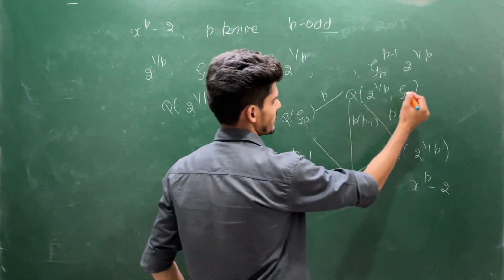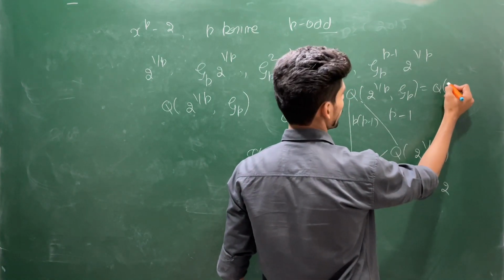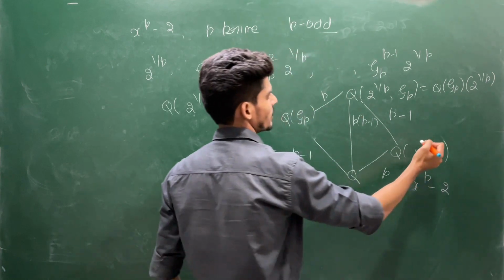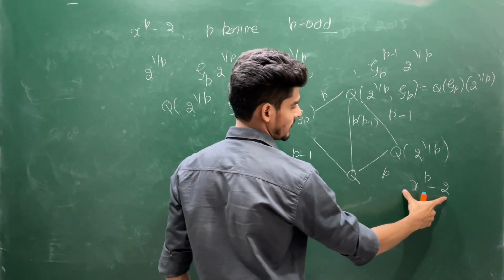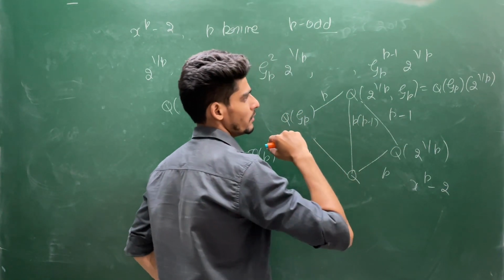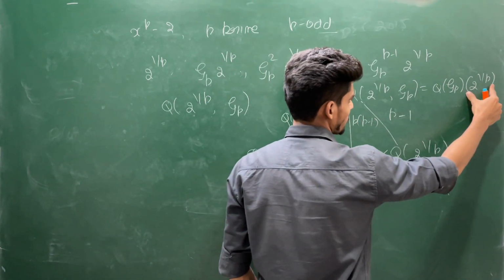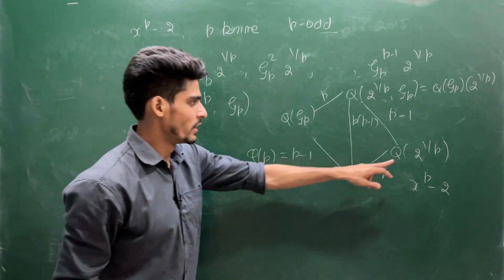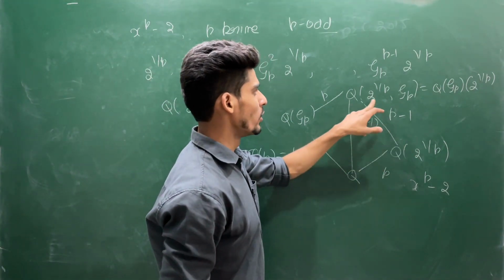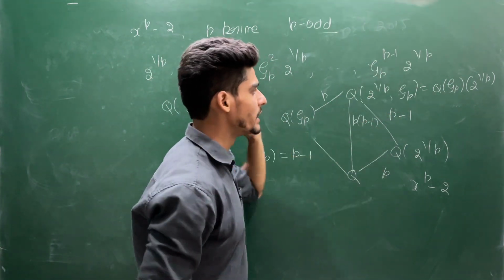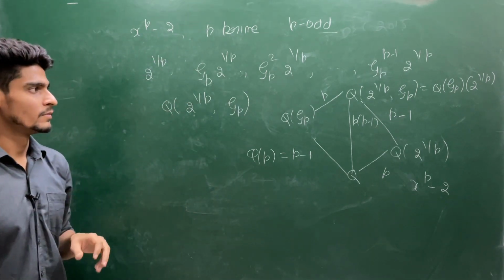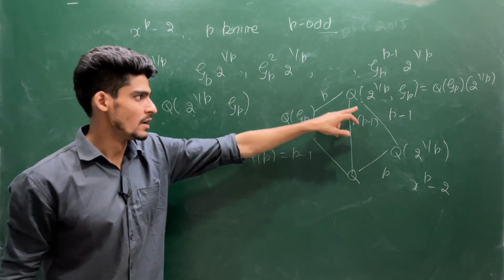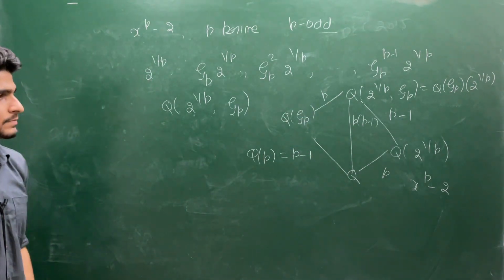For this extension you can think like this: Q adjoin zeta p adjoin 2 to the power 1/p. So x to the power p minus 2 will be the minimal polynomial for this over Q adjoin zeta p. And for here to here you can write Q adjoin 2 to the power 1/p adjoin zeta p. And these being relatively prime, you can say this is a degree p times p minus 1 extension.